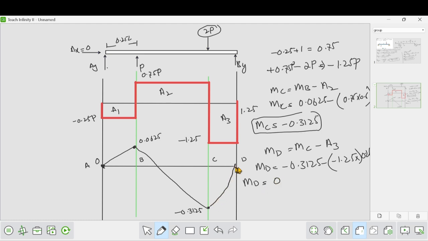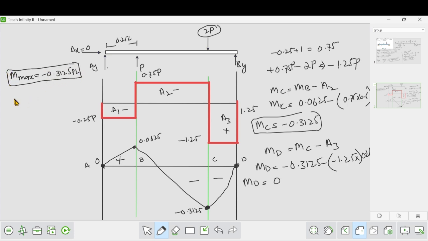So this will be like this. This is negative moment and this is positive moment. This is negative shear force. Now we have found the maximum moment and its location. So maximum moment is equal to negative 0.3125PL.